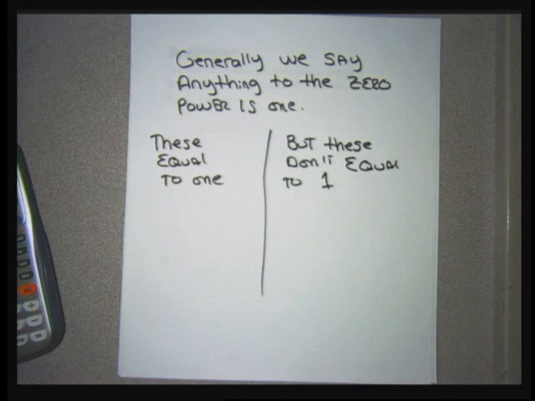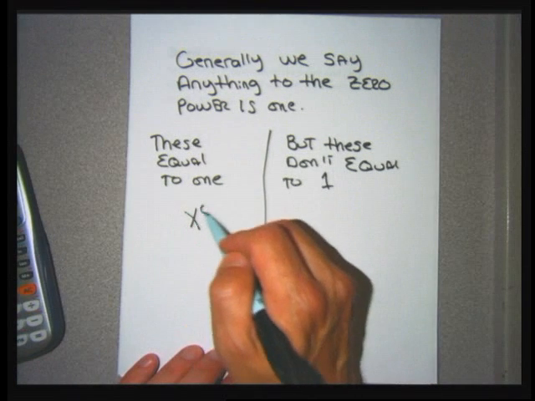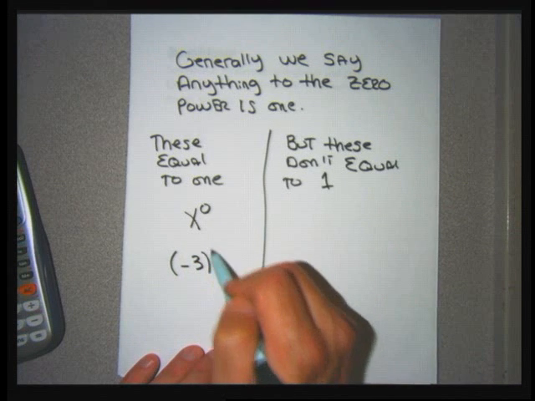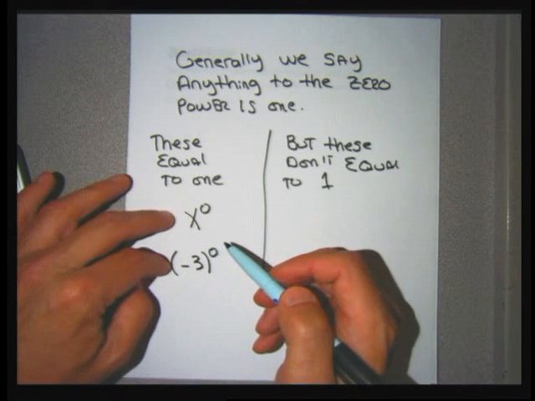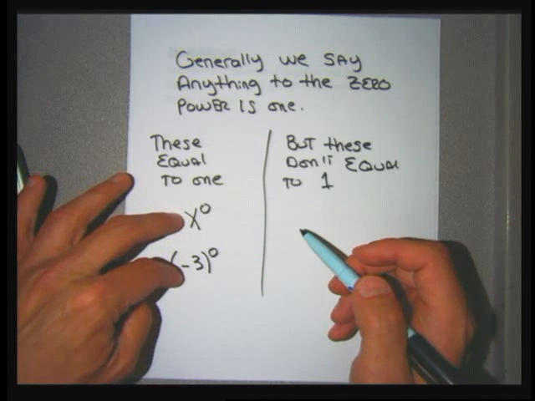So if I just blindly see a zero exponent in a problem and I write 1 down, there's a reasonable chance I'm going to write down something that's not right. Something like this, x to the 0 power, or -3 in a parentheses to a 0 power. These are going to equal 1, and as I get into the section, I'll explain why these equal 1.